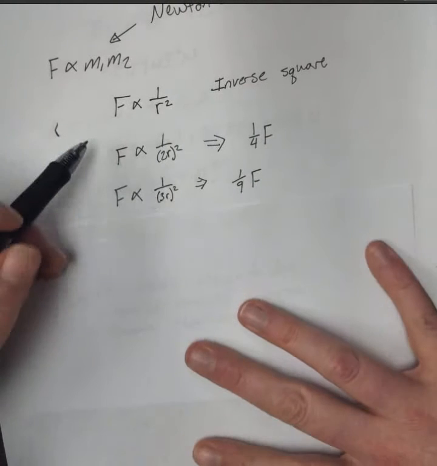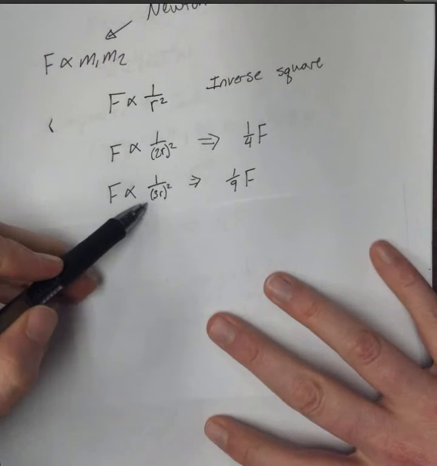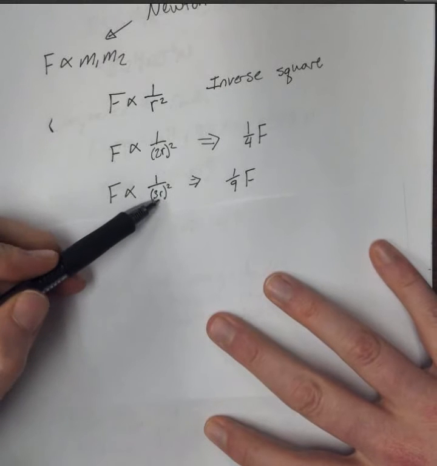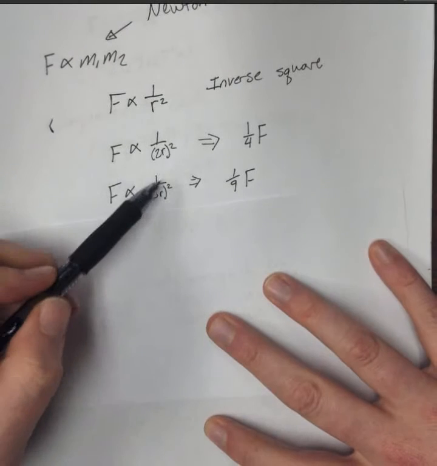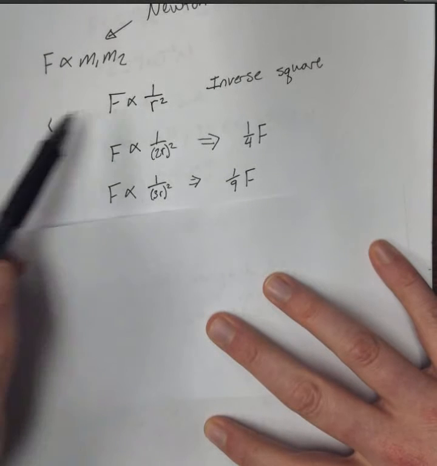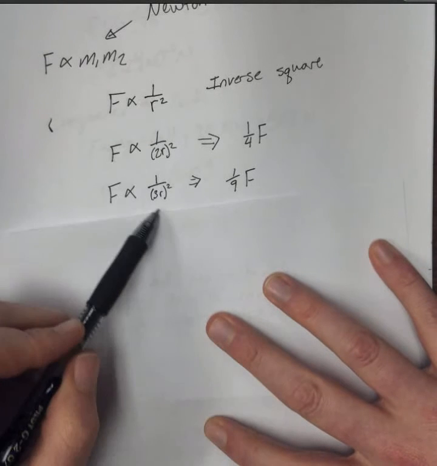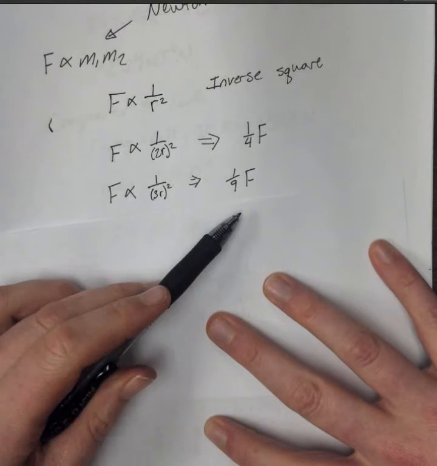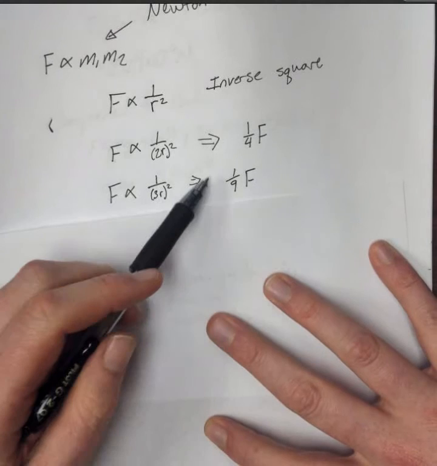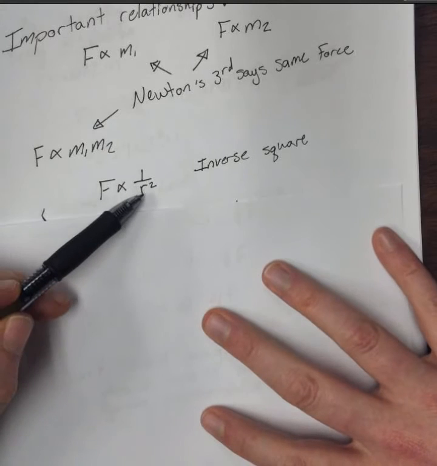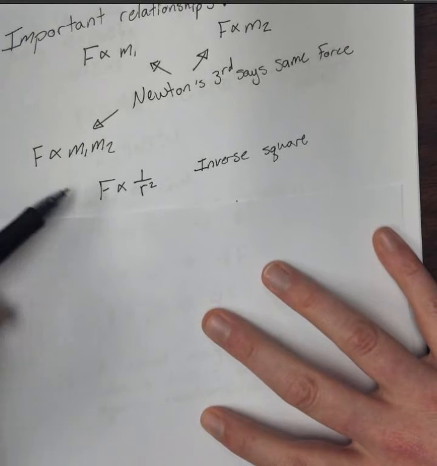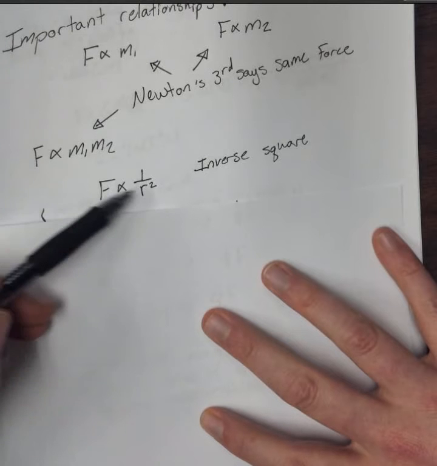Likewise, if we triple the radius and we plug it in, then you can see that inverse square says that 3r would become a 9r. So that means that compared to the force with just one radius, it's going to be 1/9, or 1/3 squared, is going to be the decrease in the value of the force. So the inverse square law says that as the distance separating the two objects' centers increases, the force decreases, and the ratio with which the force decreases.